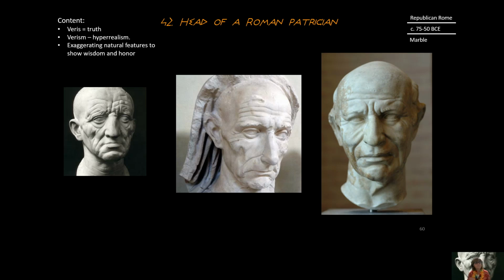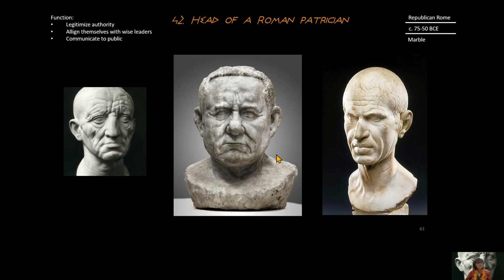And so these natural features of lines are being exaggerated so that we can demonstrate that we have this wisdom and honor, and we've been around a while, and so we know the ropes, and we're going to make great choices for the people of Rome. What it ultimately functions as is a way to legitimize your right to be in a power seat in Rome.